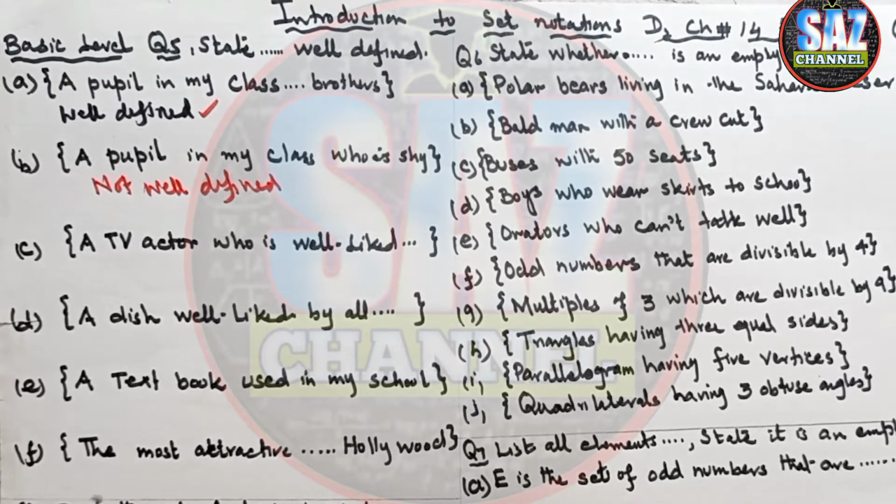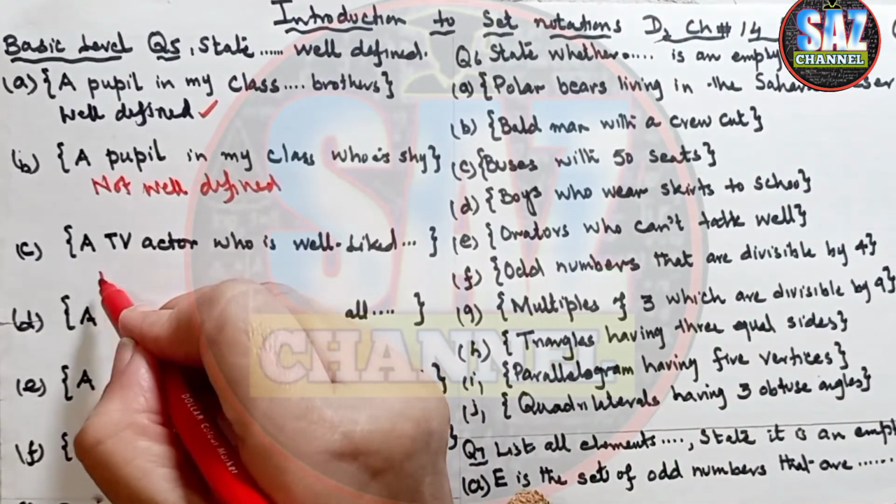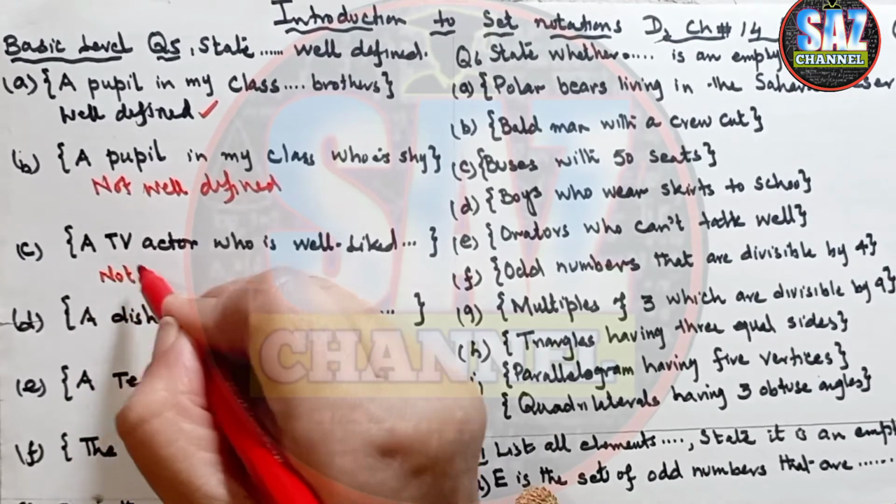Third part is a TV actor who is well liked by my classmates. I don't think everyone can have the same liking or disliking, so this is again not a well defined set.